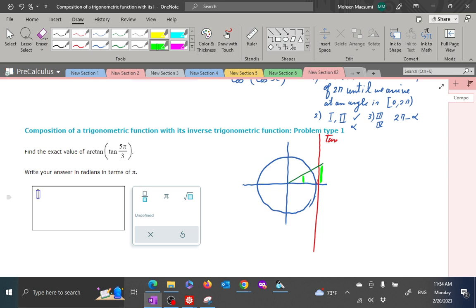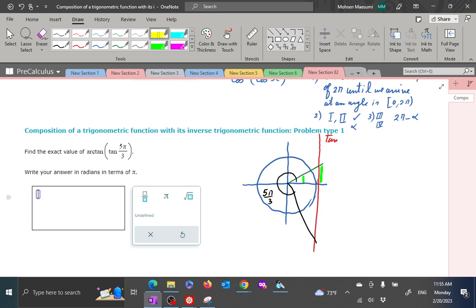This angle and that tangent go hand in hand. Now in this case we have 5π/3, which comes into the 4th quadrant. So the important thing is to figure out which quadrant an angle ends up at.